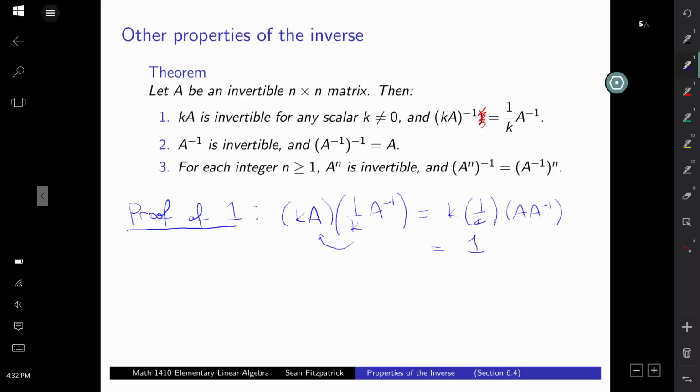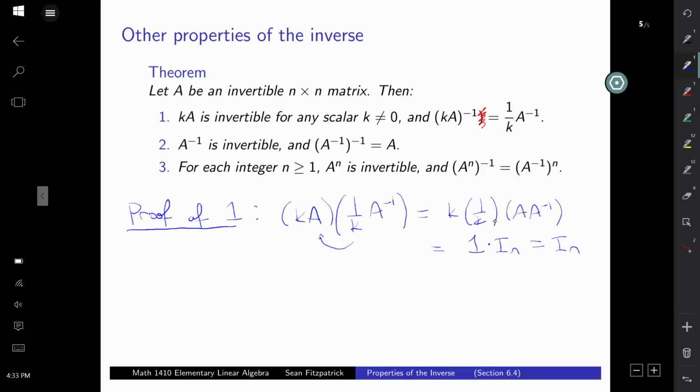I know that A times A inverse is the identity matrix, and multiplying by 1 does nothing, so I'm left with the identity matrix, right? So again, the reason why 1 over K times A inverse is the inverse of K times A is that when I multiply them together, I get the identity. The proof of 2 we already did.